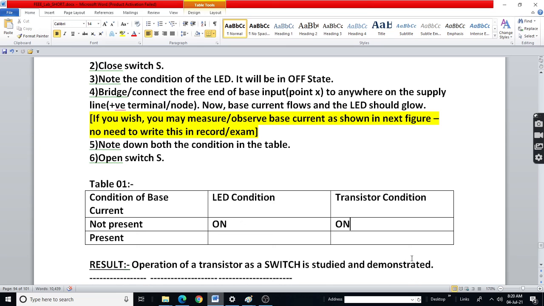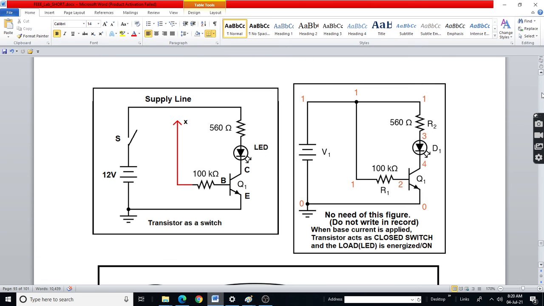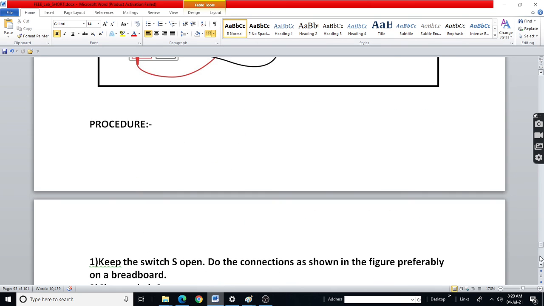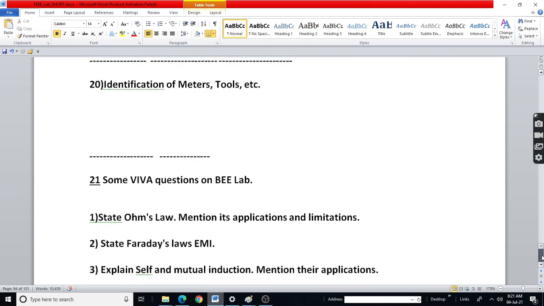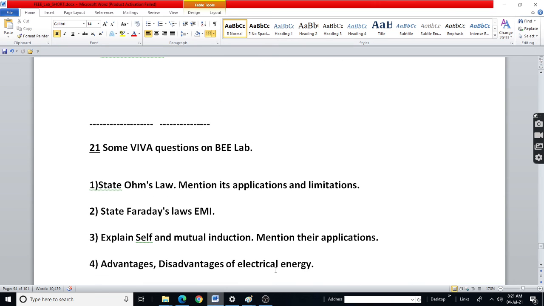But all happen together because without current through the LED, the transistor cannot conduct because they are in a series path. Anyhow, there is no need to go into such detail logic. Fine. So this completes the main experiments of your syllabus.